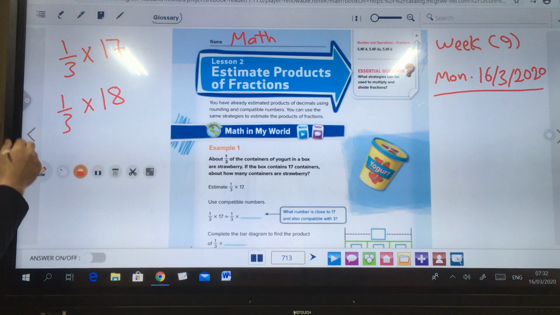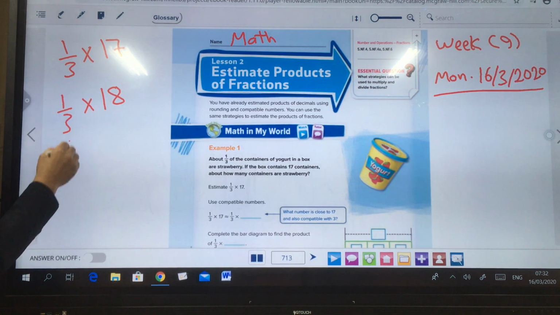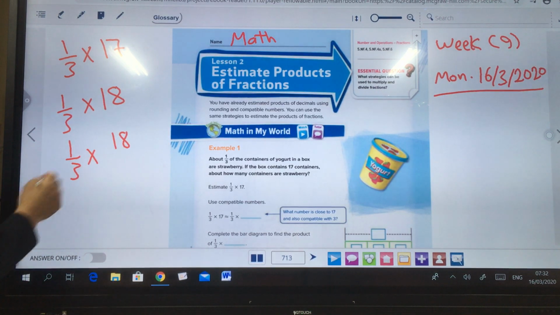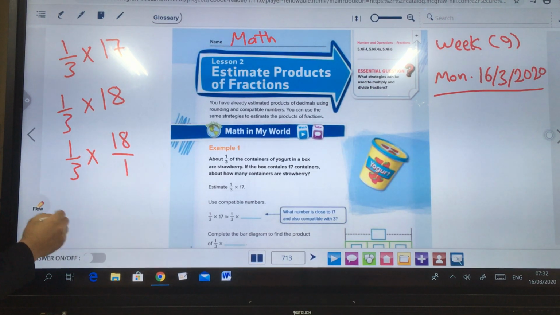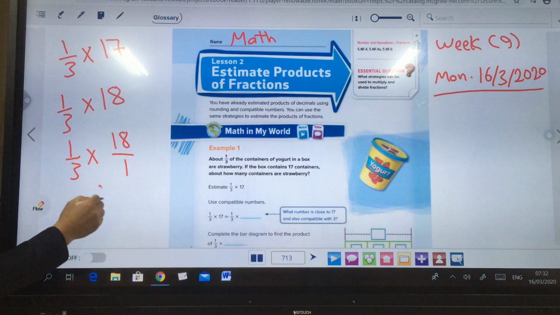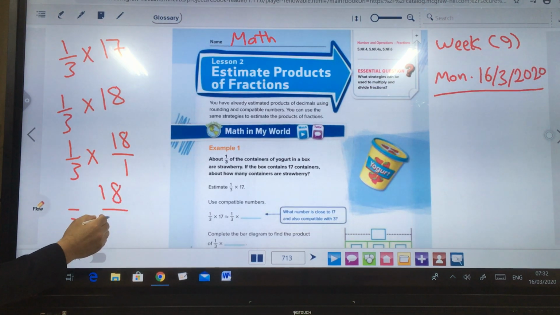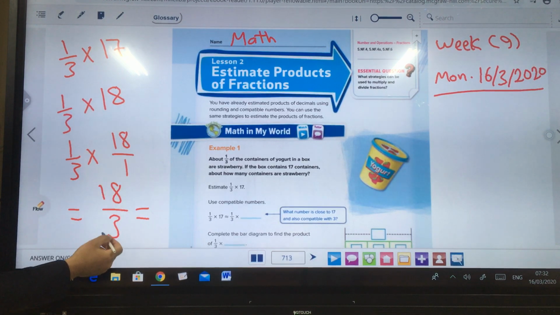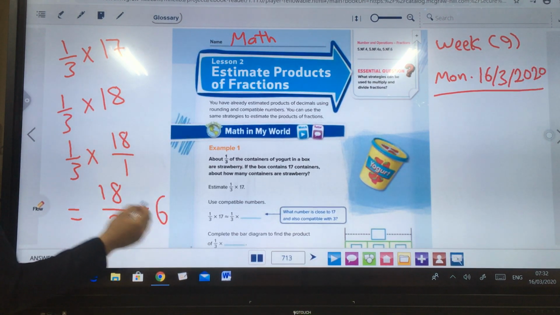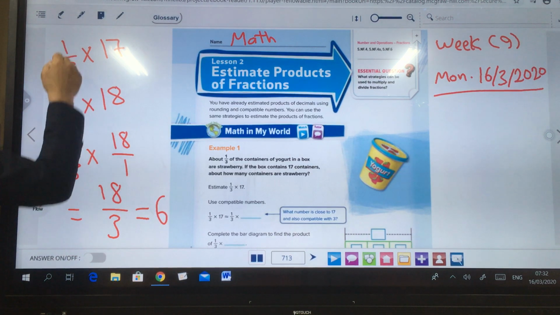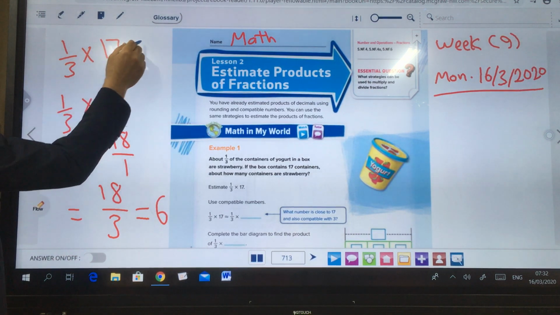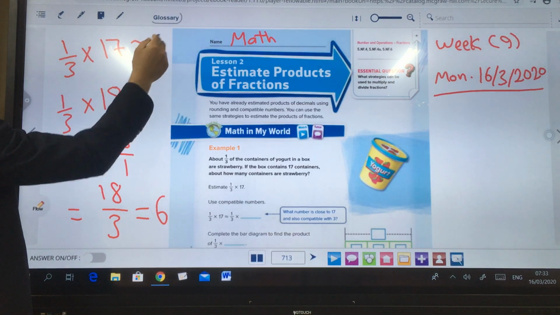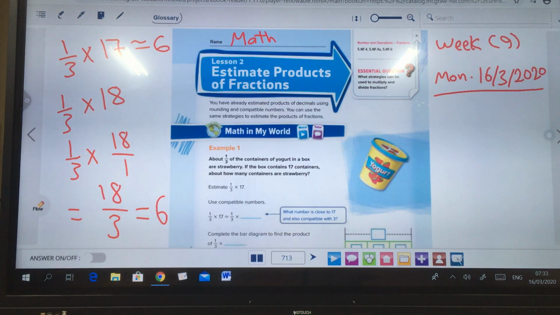So it will be 1/3 times 18, whole number means 18 over 1. So I will multiply the numerators, 18, and the denominators, 3. 18 over 3 means 18 divided by 3, which is 6. So 1/3 times 17 is estimated at about 6. Okay?